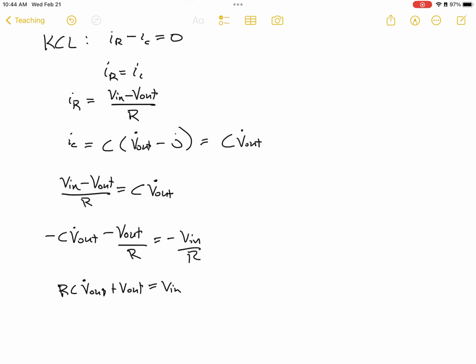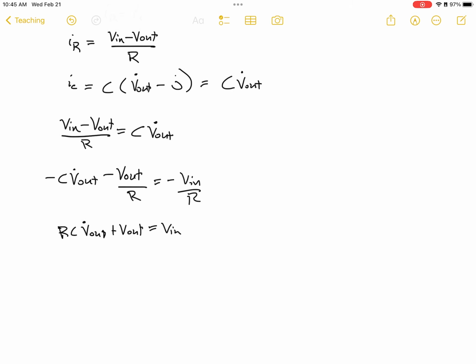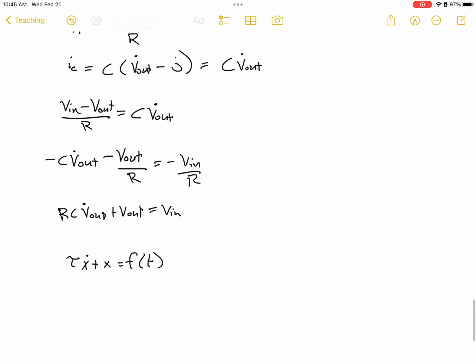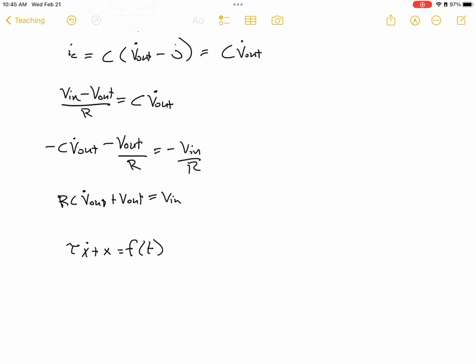And we can start to think about it the same way that we've been thinking about these equations for mechanical systems. So if we remember, for mechanical systems, we can write a first order linear ODE as tau x dot plus x equals f of t, and that tau is the time constant.